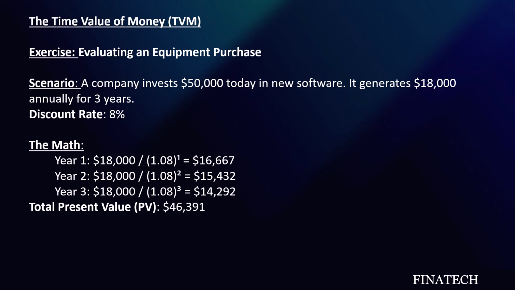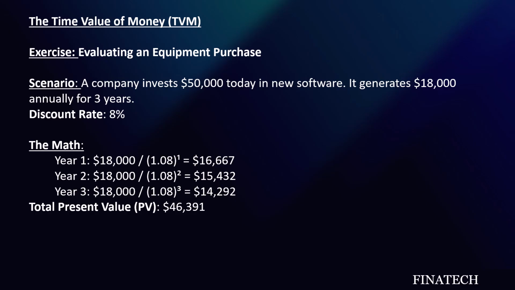The formula for our TVM is the amount generated divided by 1 plus rate to the power n. N is the years. We do a calculation.